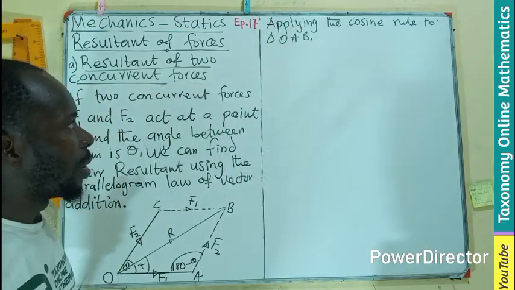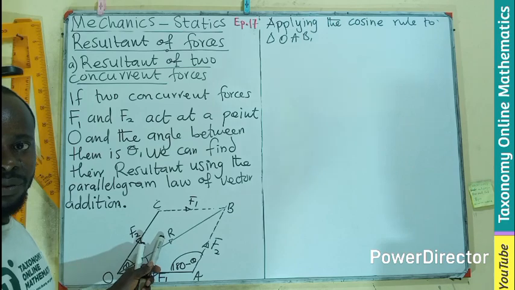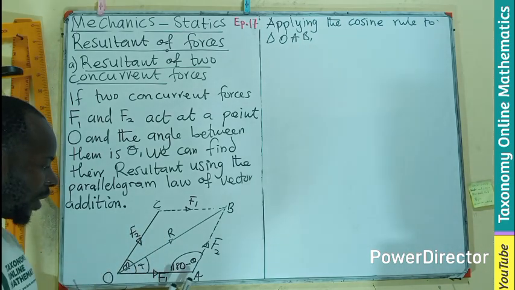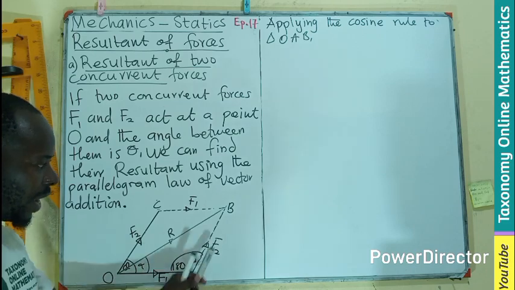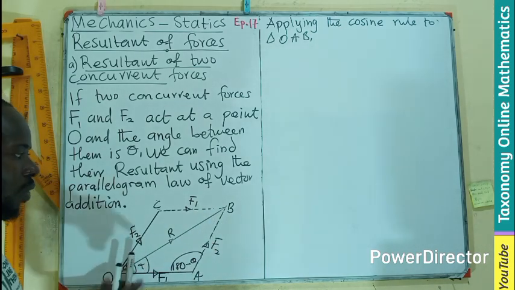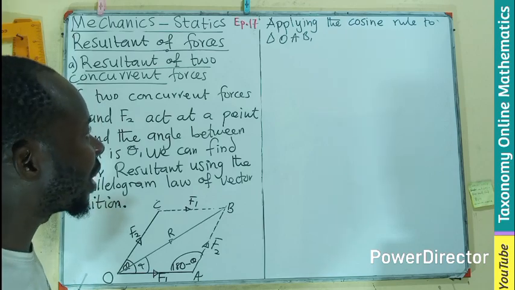So now if we are going to apply the cosine rule in order to find the resultant force here, we have labeled here as A, B, C. So we are having triangle OAB. We are picking this, which is going to be almost the same as the one at the other side. What does the cosine rule state?